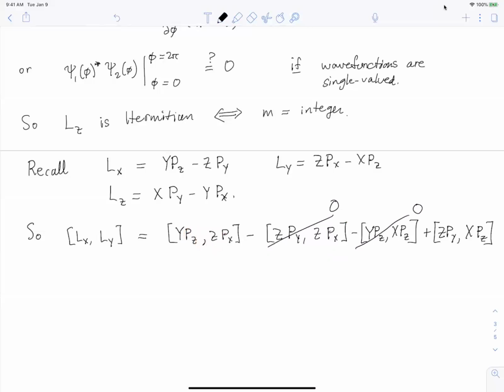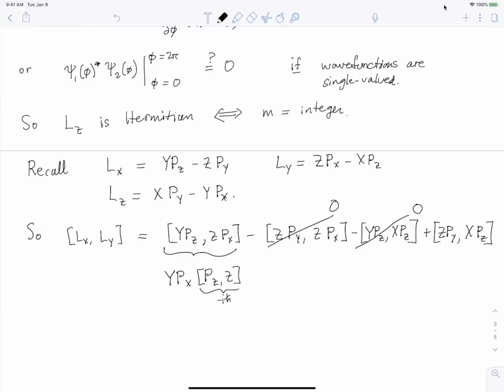And so I can pull out the things that commute and just pretend they're numbers. This is y p sub x. And then the commutator part is p sub z with z, which is otherwise known as minus i h bar.